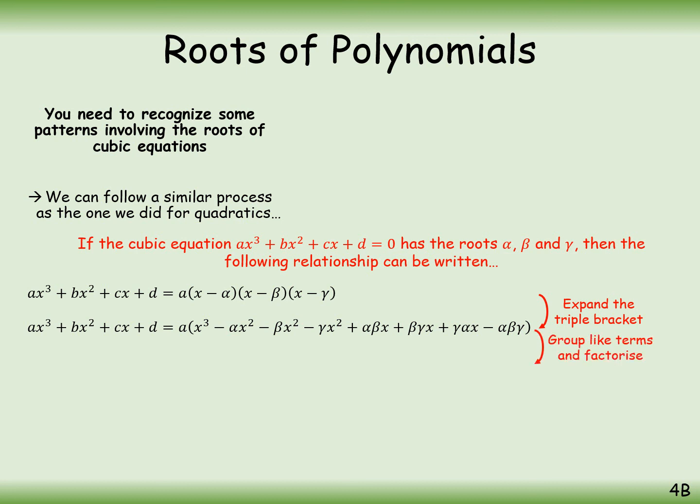And if we group like terms and factorize, so when we group them, we could write x cubed minus x squared times (alpha plus beta plus gamma), and then plus x times (alpha beta plus beta gamma plus alpha gamma), minus alpha beta gamma.